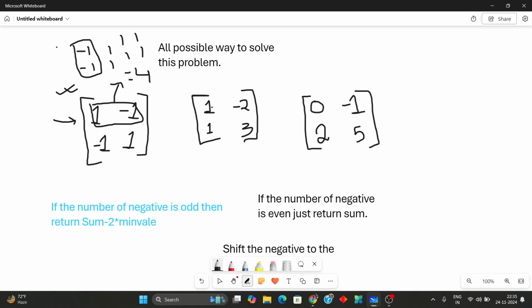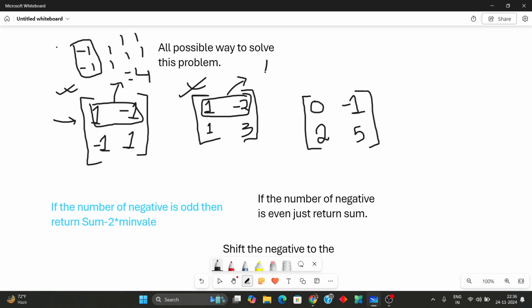Now suppose the negative is given in only one number, or in an odd number of negatives. Then what will we do? At that time, we will look at the minimum value. Suppose in this question the minimum value is 1 and 1. So what will we do? First, we can take these two numbers and multiply with minus 1.